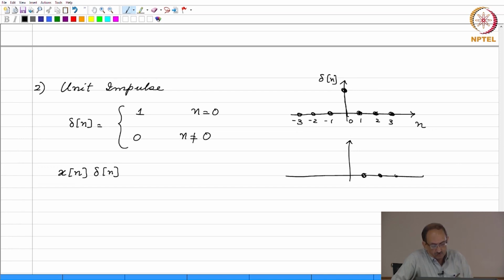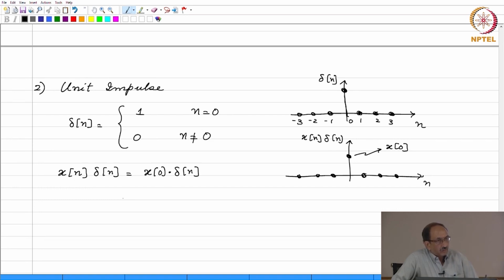So this is what you get at every other point. At n equal to 0, you will multiply x of 0 with 1, therefore this sample value corresponds to x of 0, and therefore really what happens here when you multiply x of n with delta of n is x of 0 times delta of n.